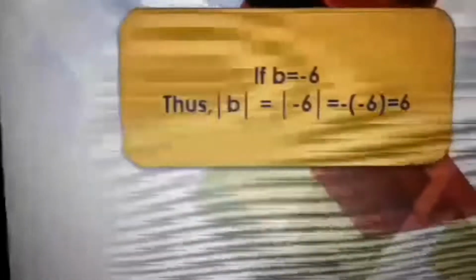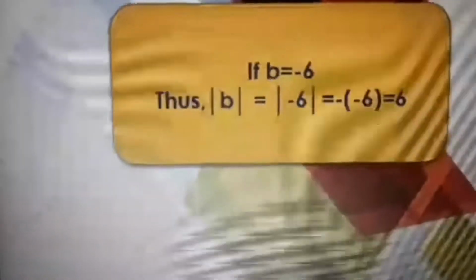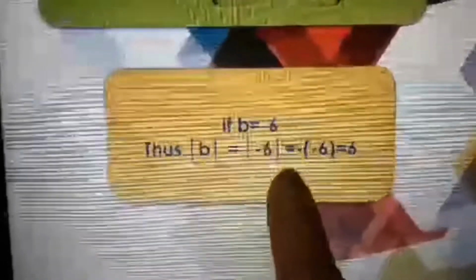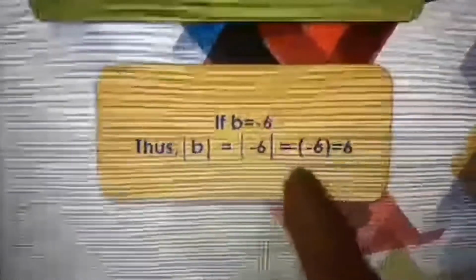Another one: if B is equal to negative 6, thus the absolute value of B is equal to the absolute value of negative 6. So you must substitute B is equal to negative 6. We have negative, you multiply by negative 6. Negative multiplied by negative is positive. Therefore, the answer is positive 6.